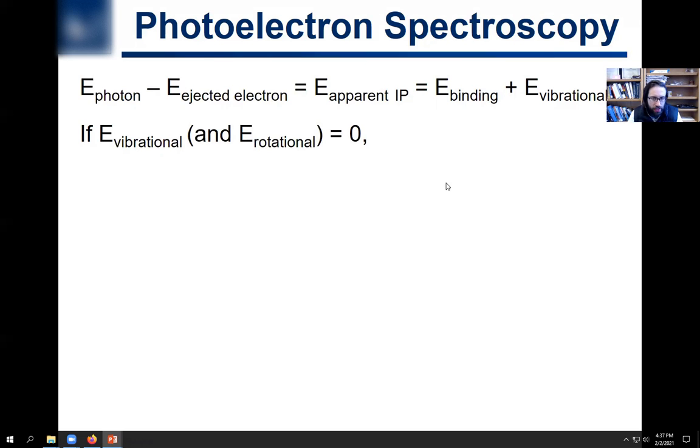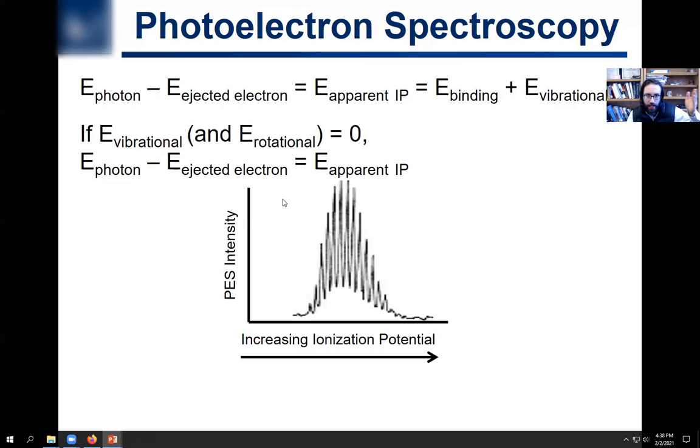If E vibrational and E rotational are 0, that means that your apparent ionization potential is just going to be equal to the binding energy, which you can figure out because you know what frequency of light you shined at it, you know E photon, and you can measure E ejected electron, the kinetic energy of them. And so we're using a detector.